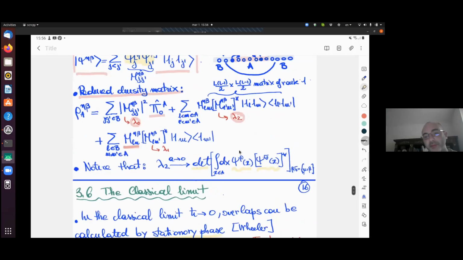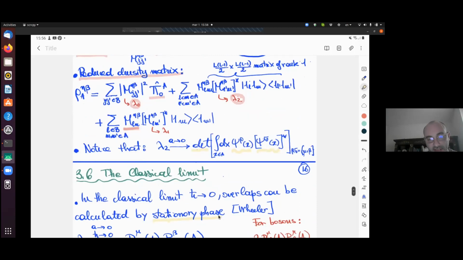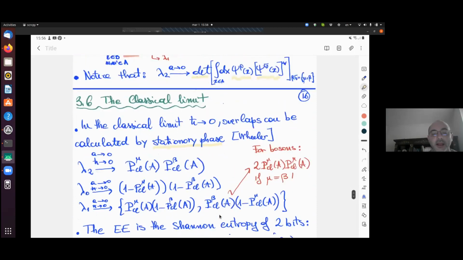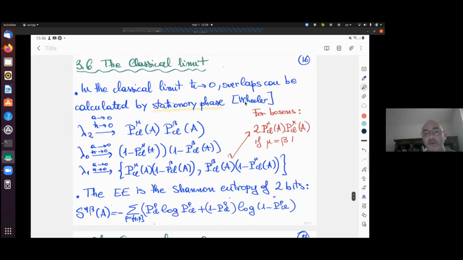The limit h bar goes to 0 here is carried out by doing stationary phase analysis. And this was suggested long ago, also by Wheeler. Of course, it's a different setup, but there is an interesting paper by Wheeler where there is a classical phase space interpretation of the WKB overlaps, which I suggest looking at.